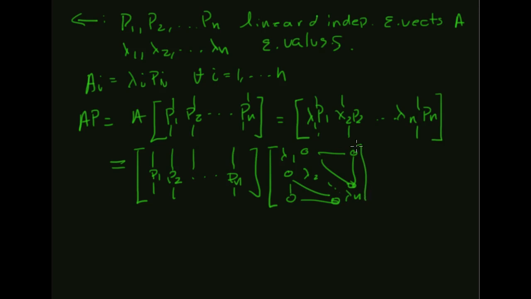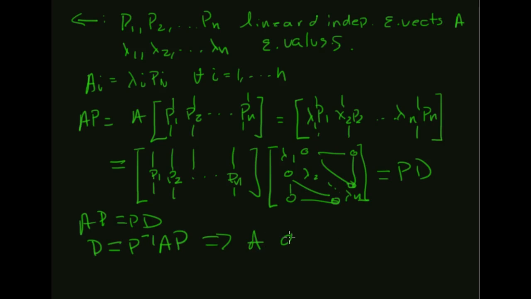So this is P times my D matrix, which means AP is equal to PD, and this is going to give me that D is equal to P inverse AP, which means that A is diagonalizable. All right, so that's the second direction, and that means I have proven this theorem.